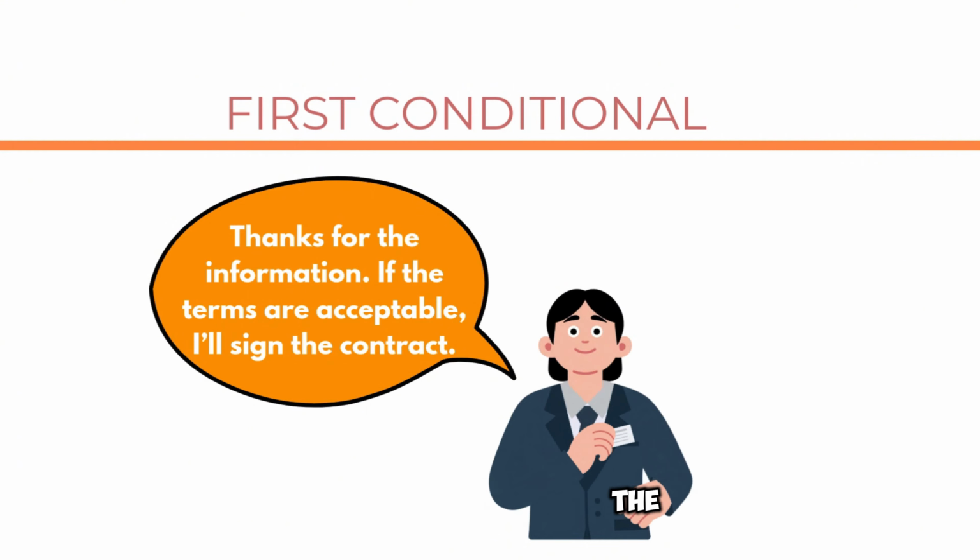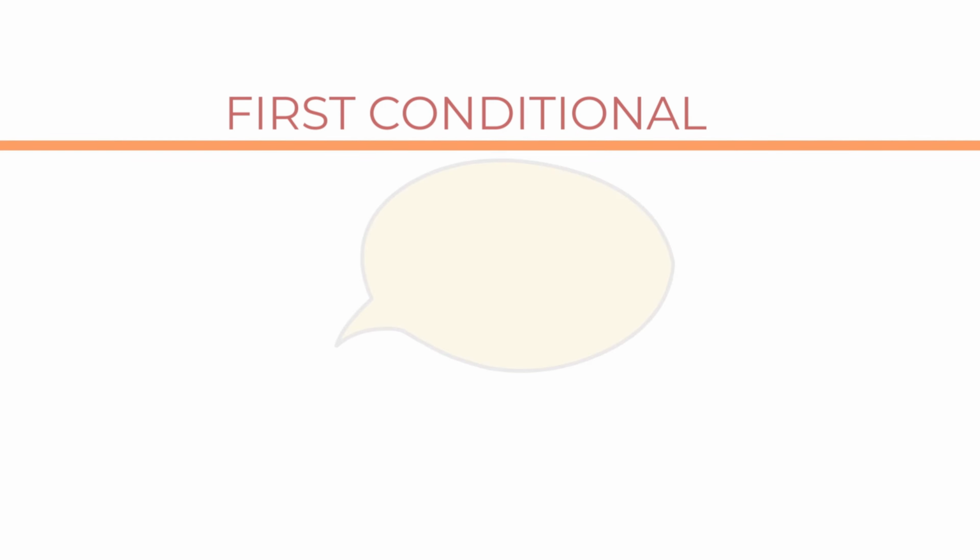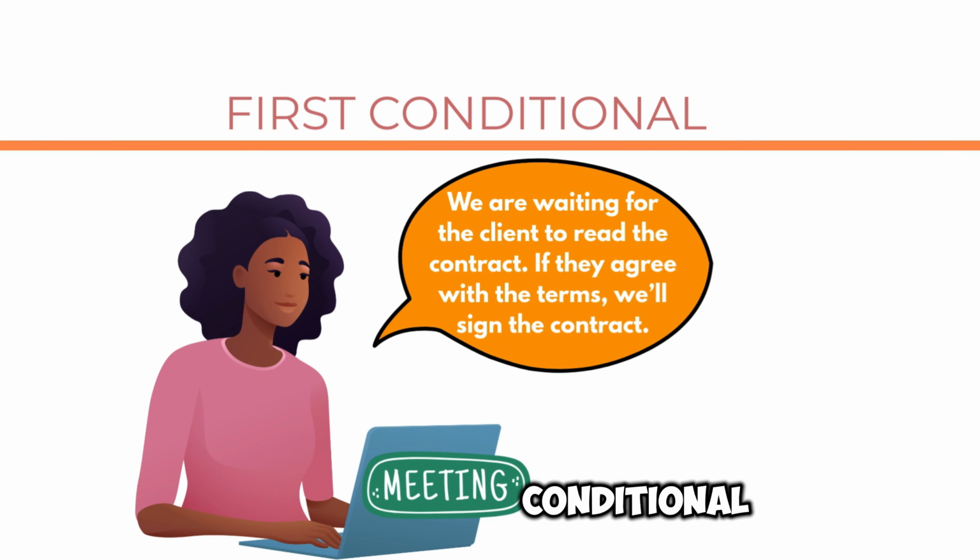Can you locate the first conditional sentence? It is right here. Starts with if. If the terms are acceptable, I will sign the contract. You can use the first conditional in different contexts, like when making plans in the workplace, when buying things from the store.